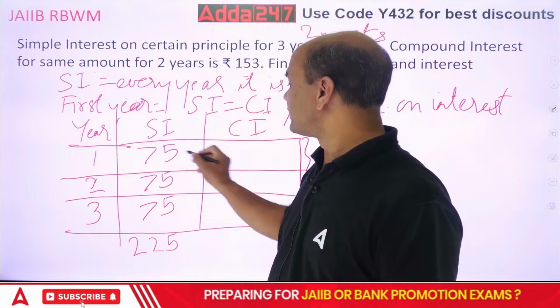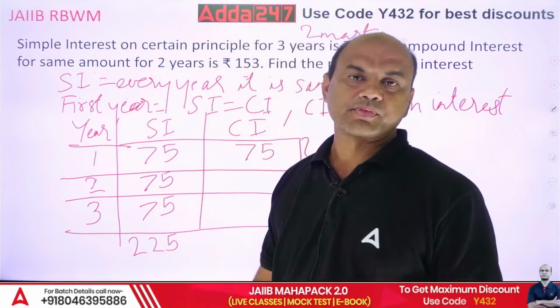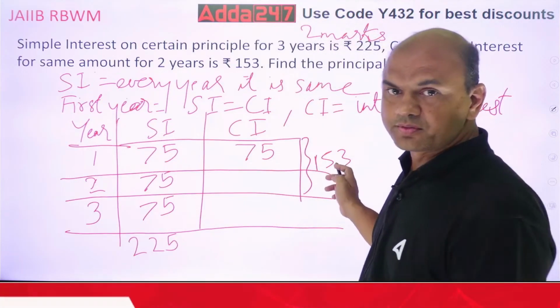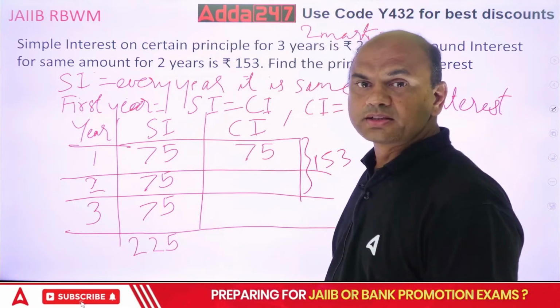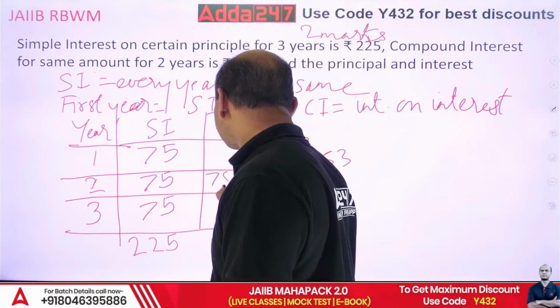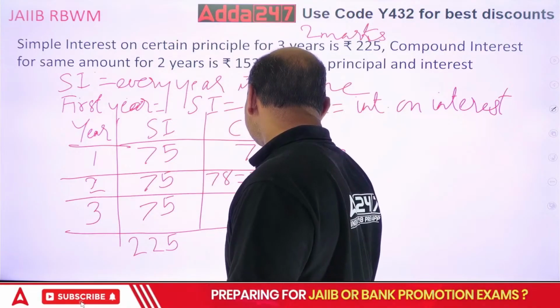So this will be 75. If the total is 153 and the first year is 75, what will be the second year then? 78. So 78, which we can write as 75 plus 3.